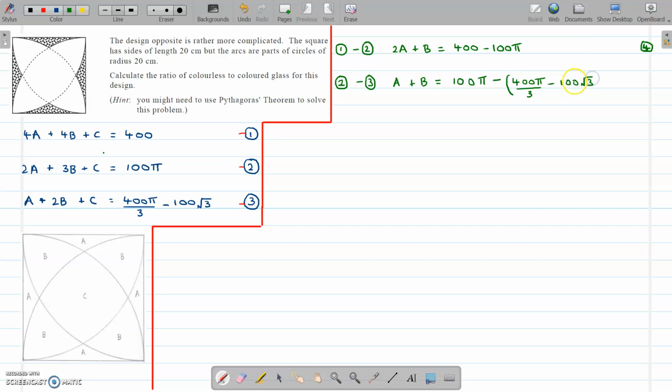Now the next step is to tidy this up and simplify it a bit. I'll write it under here: a plus b can be written as, 100 pi could be written as 300 pi over 3. And 300 pi over 3 take away 400 pi over 3 is negative 100 pi over 3.